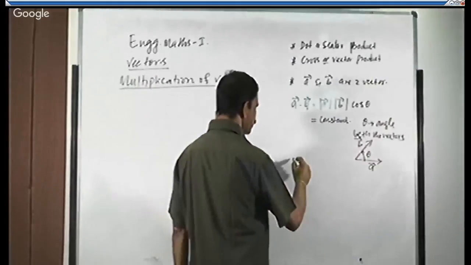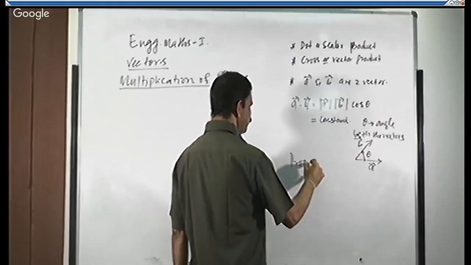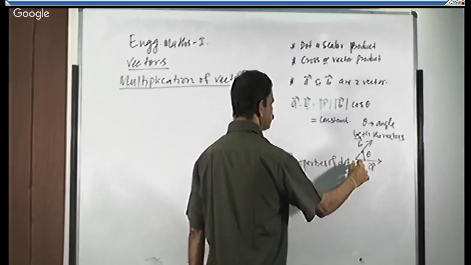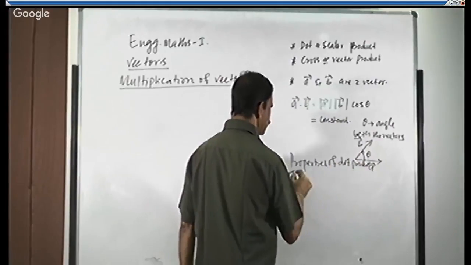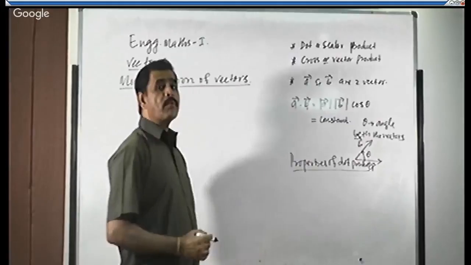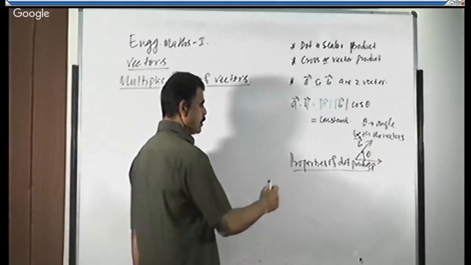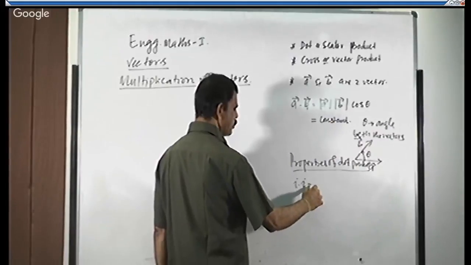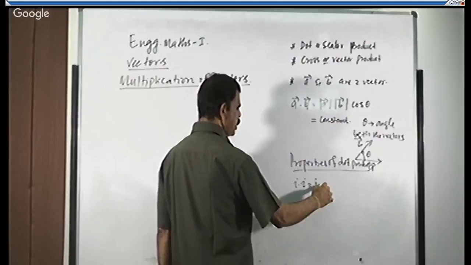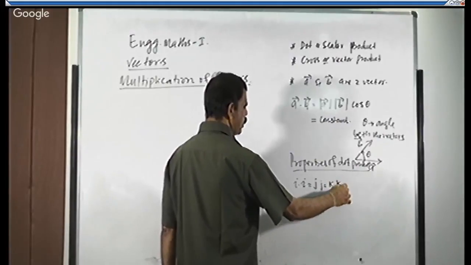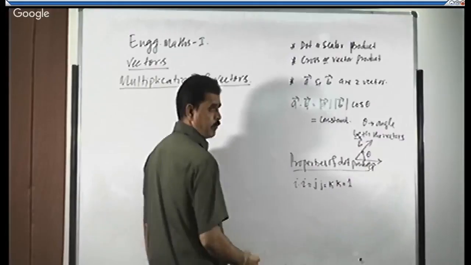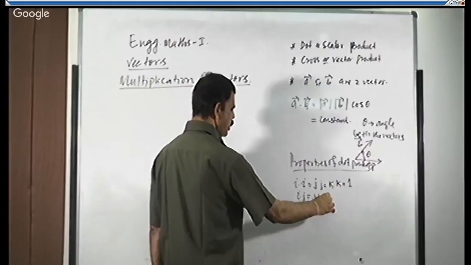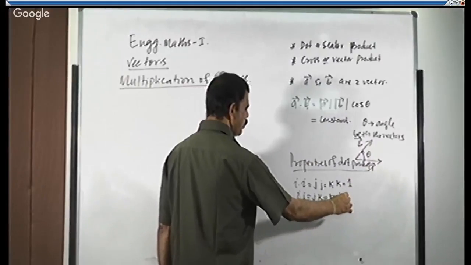And we have also discussed the properties of dot product. In that topic, I proved that i dot i is equal to j dot j is equal to k dot k is always equal to 1, and also proved that i dot j is equal to j dot k is equal to k dot i is always 0.